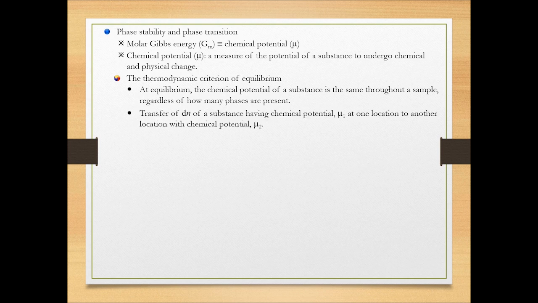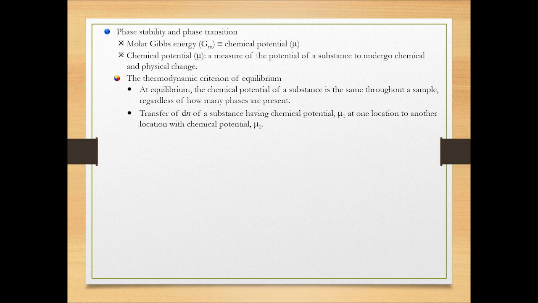Imagine a scenario where a quantity n of a substance with a chemical potential mu1 at one location is transferred to another location where the chemical potential is mu2.